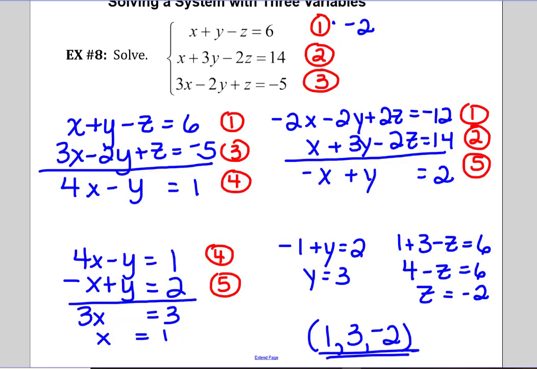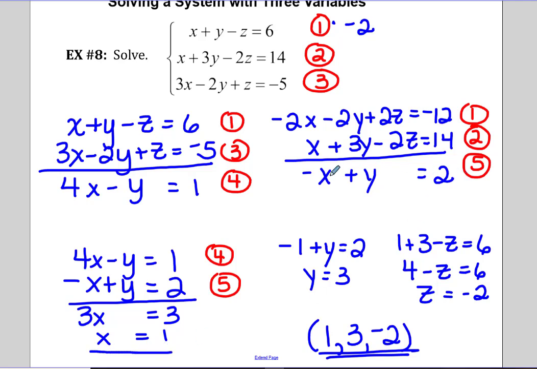Okay, I'm not sure which method you used, but here's what I did. I took equation 1 and 3 and eliminated the z terms, which gave me equation 4. Then I used equation 1, multiplied through by -2, added that to equation 2, and that gave me equation 5. Since the y's were opposite, I added equation 4 to equation 5 and found out an answer for x.